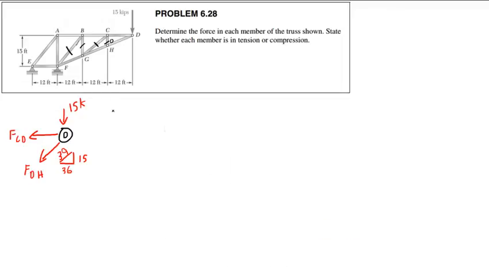So I'm going to do a sum of forces on joint D in the y direction. This is going to be negative 15 kips, and then minus FDH times 15 over 39 equals 0.